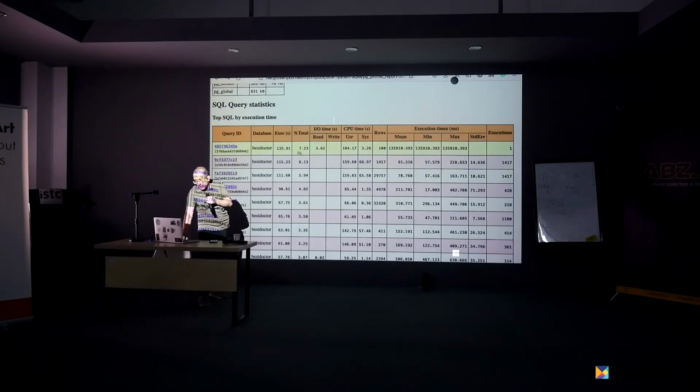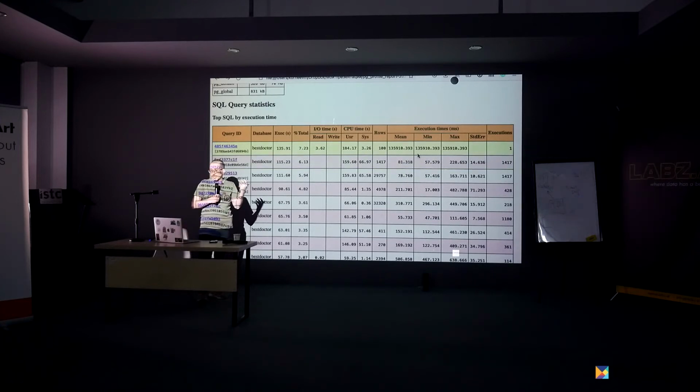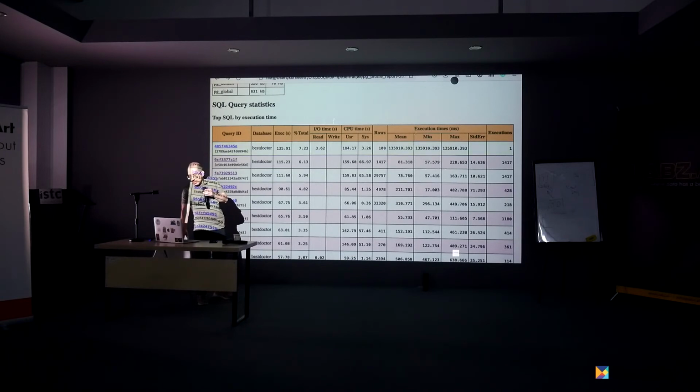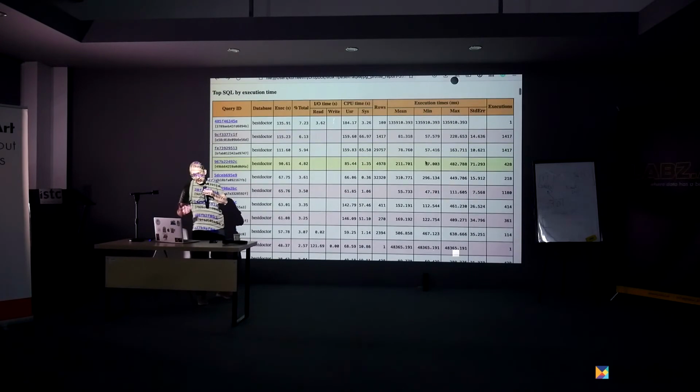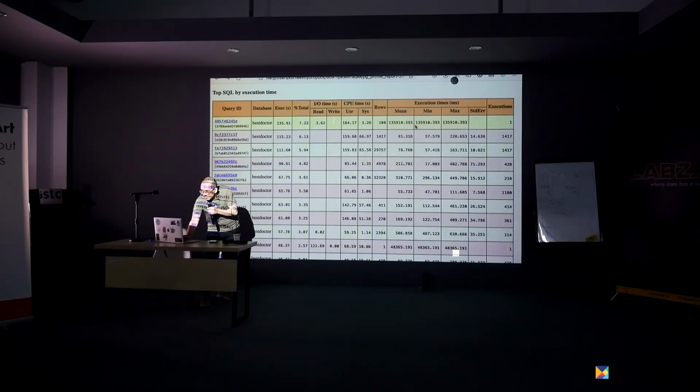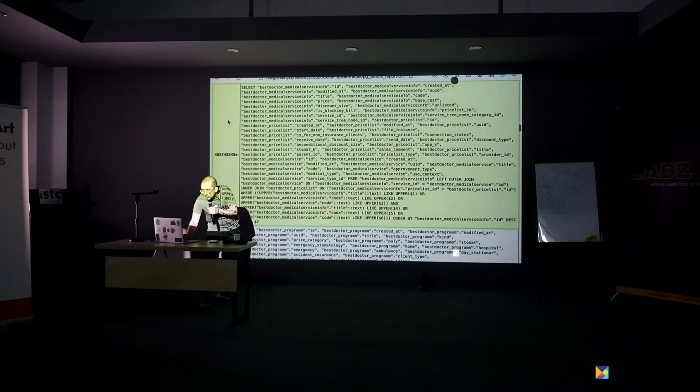You can see the number of reads, number of writes, CPU time, rows affected, mean time, minimum, maximum, all this. So you can just take the most. These two are actually vacuum, so it's not.